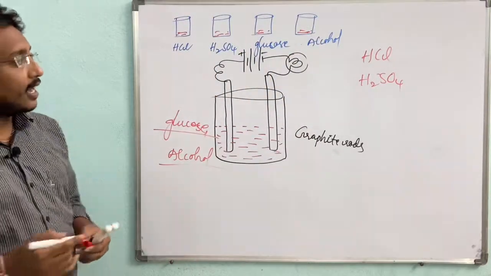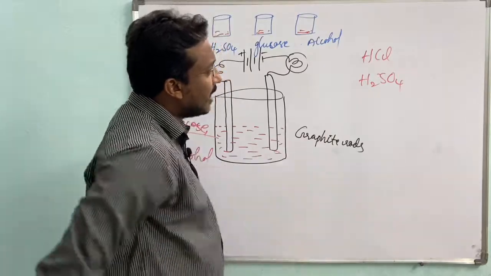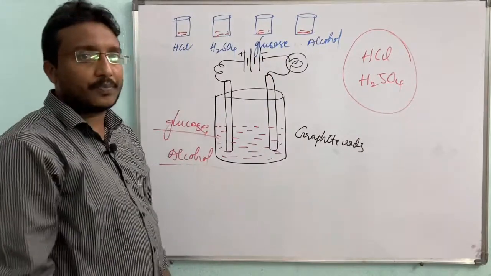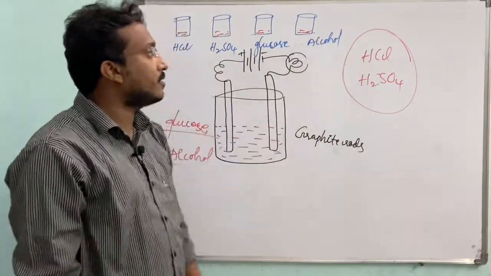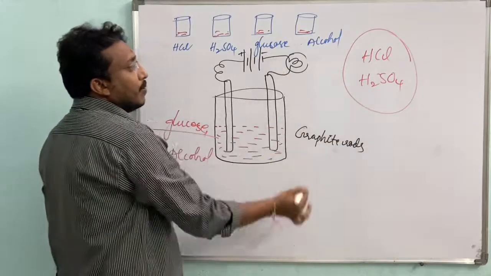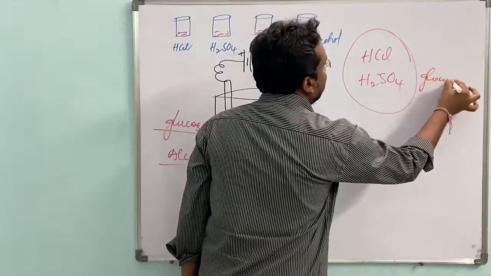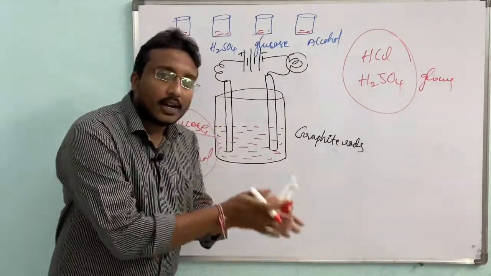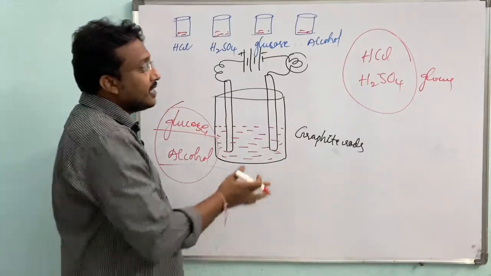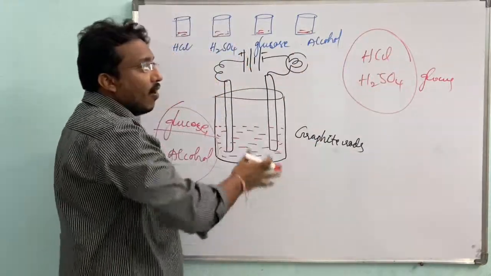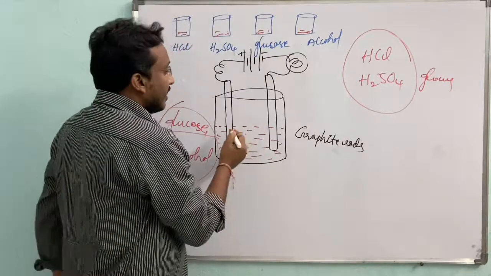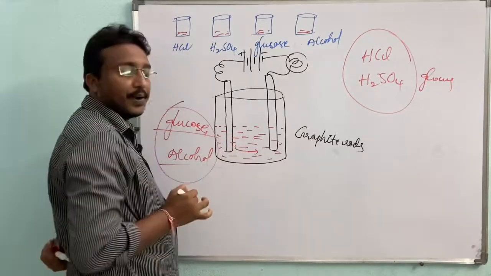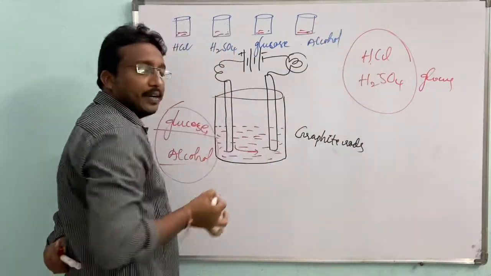Okay. And here the observation we made is that when we have taken HCl and H2SO4, the bulb glows. When we have taken glucose and alcohol, the bulb will not glow. That proves that when HCl or H2SO4 is taken in the beaker, the electricity is flowing.